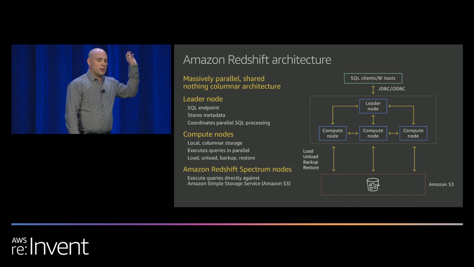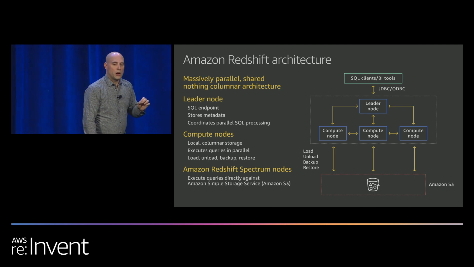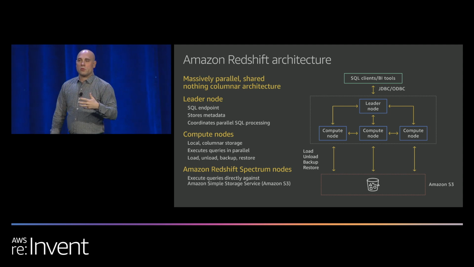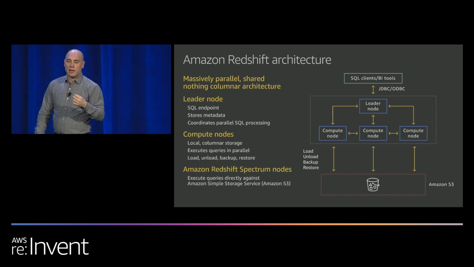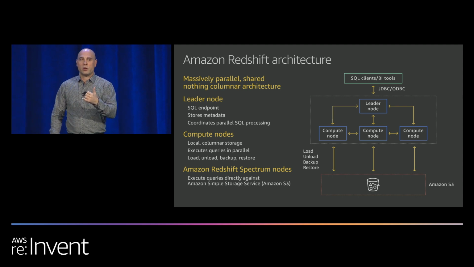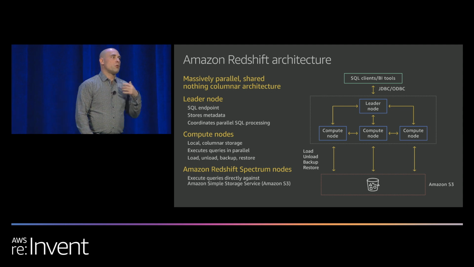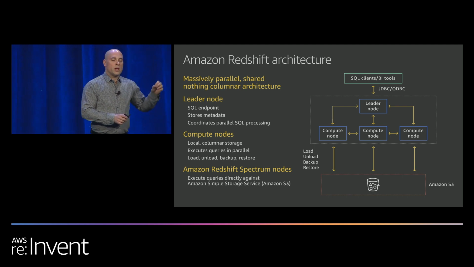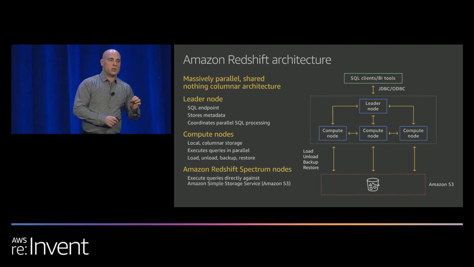So Redshift is an MPP, shared-nothing, columnar architecture. I'm going to start up at that top green box there, the SQL client and BI tools. That's what you use, whatever tool you happen to like, to connect to Redshift. You connect to Redshift with either JDBC or ODBC drivers that AWS supplies, or if you're wanting to use, say, .NET or Python, R, Ruby, some other development language or some other tool that needs maybe a .NET driver, you can connect with the open source Postgres driver as well.